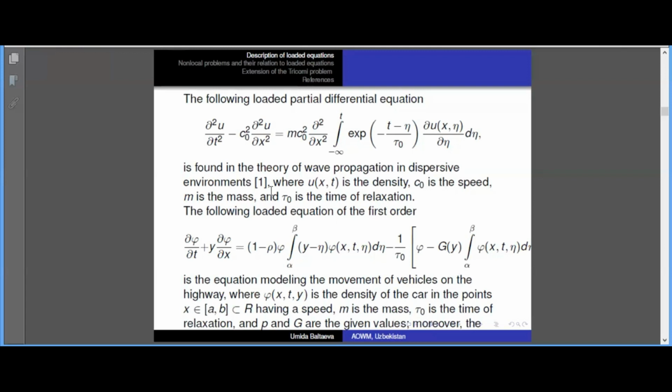For this kind of loaded partial differential equations, it is very important that the main boundary value problems and initial value problems are formulated as for the classical partial differential equation. But for investigating existence with this kind of loaded part, we cannot use the classical methods of investigation.